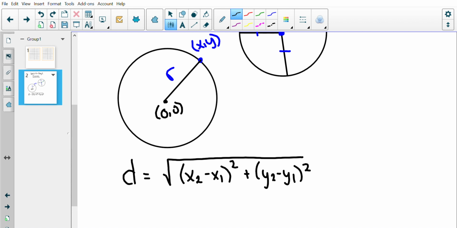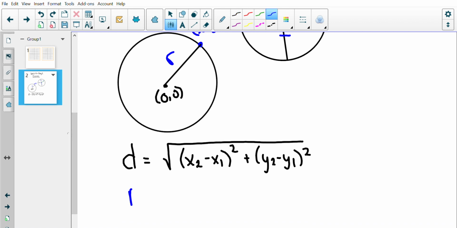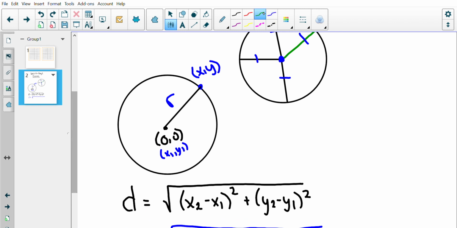So let's plug into this distance formula. Well, the distance between the center and the point xy is actually the radius. So instead of d, we're going to substitute in r. And we will call 0, 0 x1, y1, and we will call xy x2, y2.